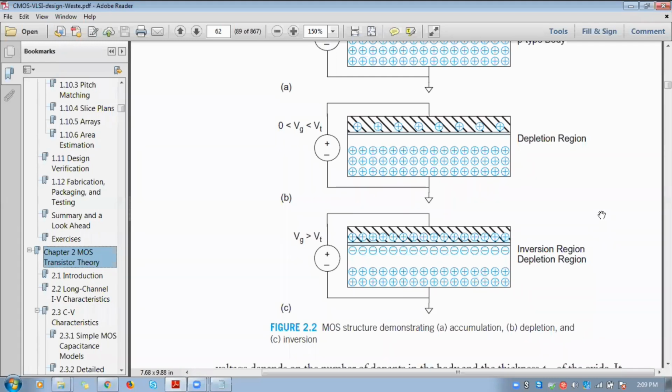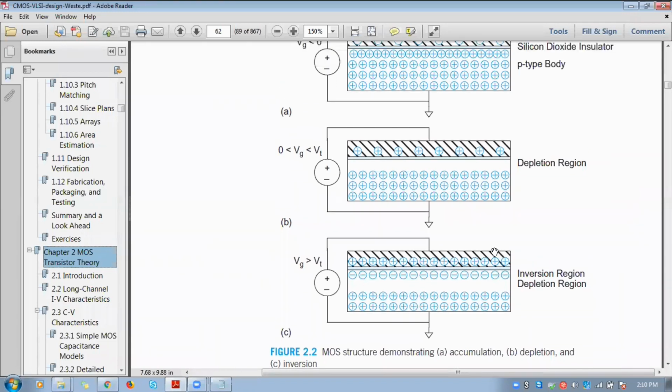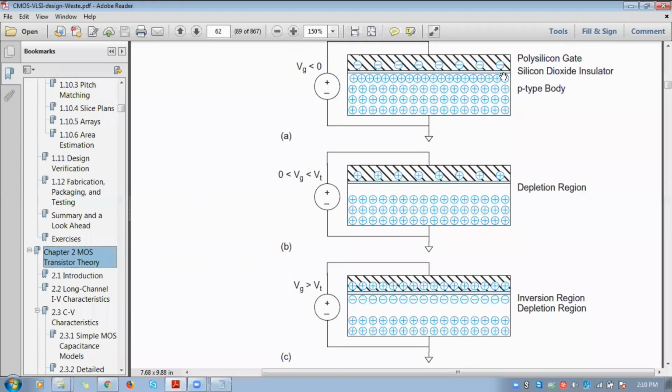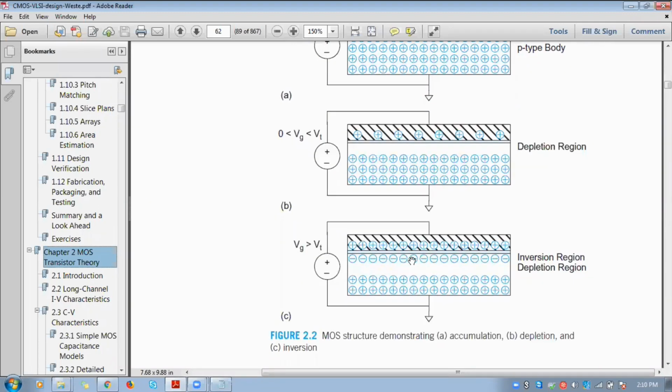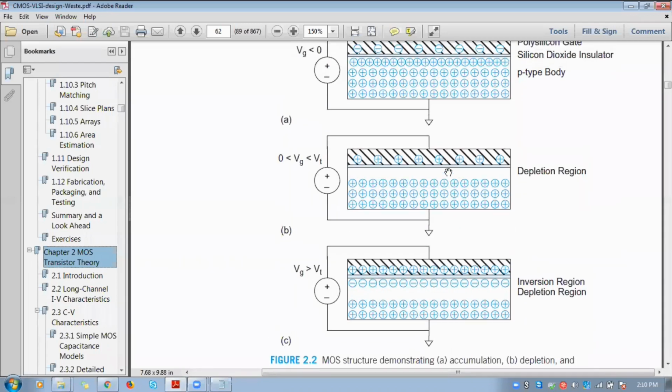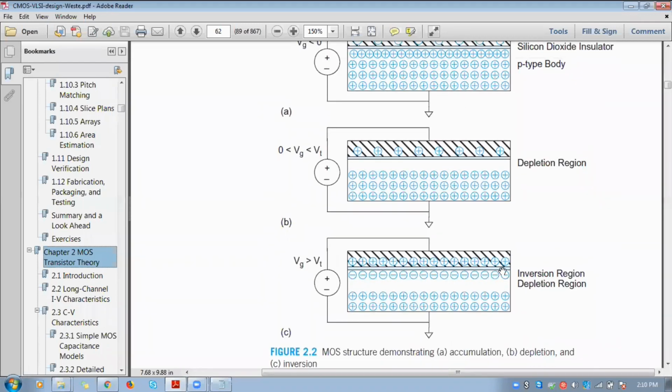Due to the application of a high positive potential at the gate, it will attract the electrons, the minority charge carriers, beneath the silicon dioxide layer. Initially it was accumulated with positive charge carriers; now it is negative charge carriers. So inversion is happening here, right? That's why the region is termed the inversion region.